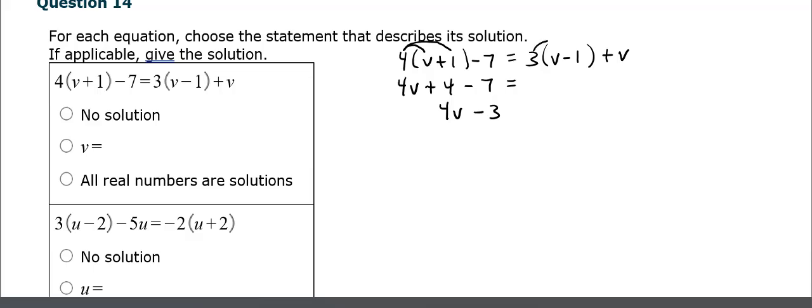So again, start by using the distributive property. So this gives us 3v minus 3 plus v. Combine like terms. So 3v plus v is 4v.